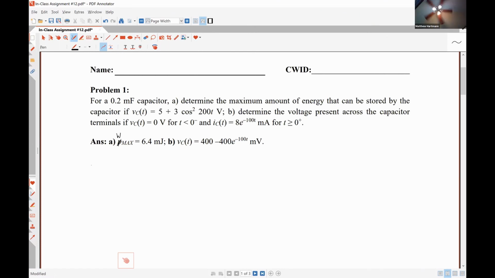Okay, so the energy absorbed by the capacitor as a function of time will be 1/2 C VC squared. There's nothing, I mean, that is absolutely the equation.